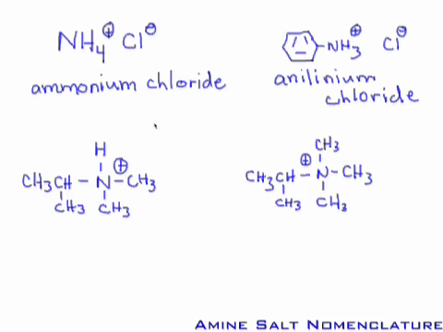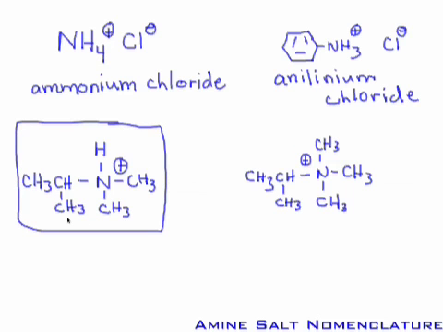Now when there is a quaternary ammonium salt, not quaternary in this case, it's a tertiary ammonium salt, that still has an H on it. It's named as an amine, and we drop the E and add IUM, so it's aminium. Now if I was to name the amine without the H, I would have N,N-dimethylpropan-2-amine.